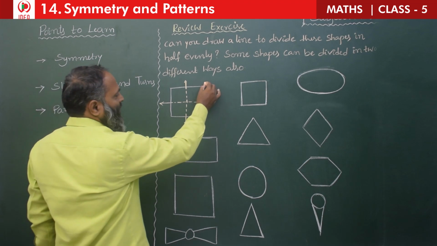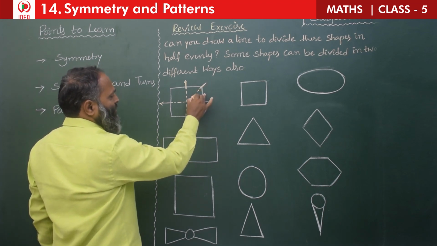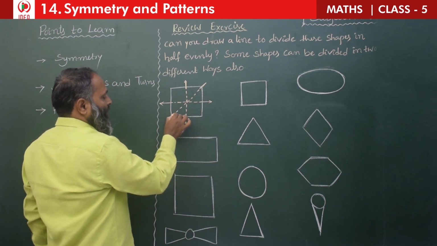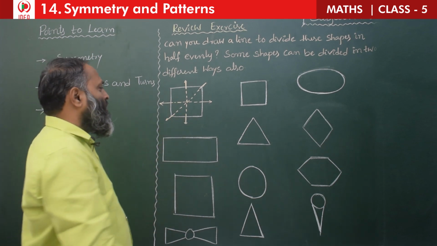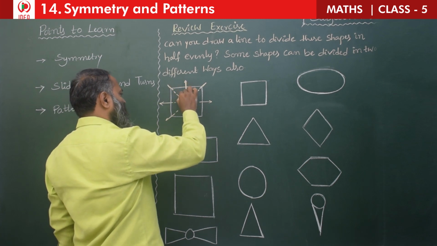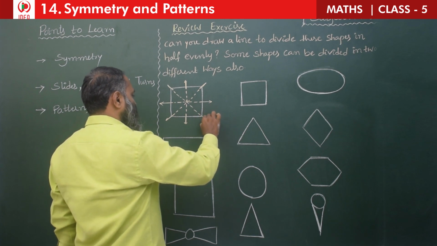And there is one more: if you draw diagonally, a diagonal also makes two equal halves in a square. In total, how many ways can a square be made into two equal halves? Total 4 ways.